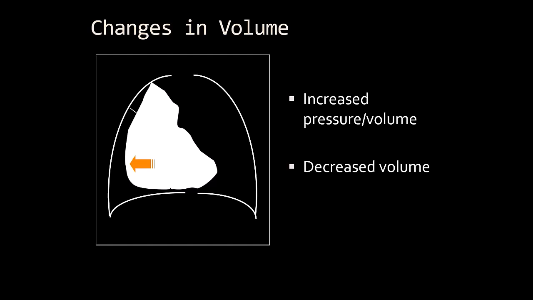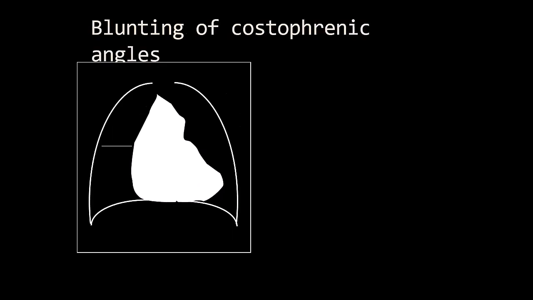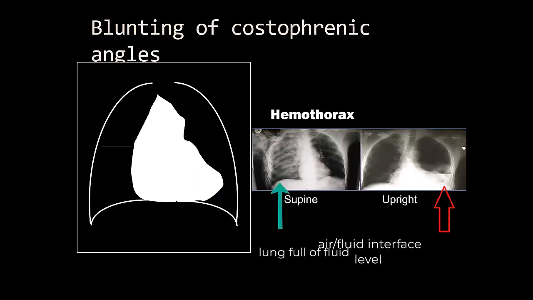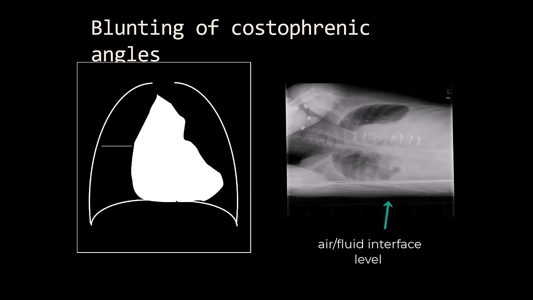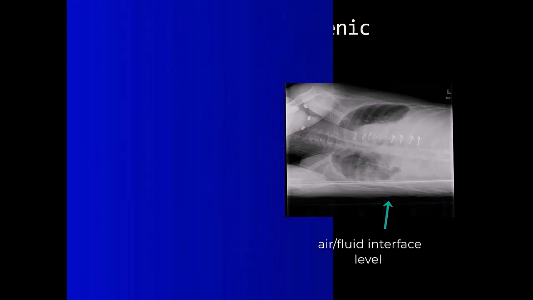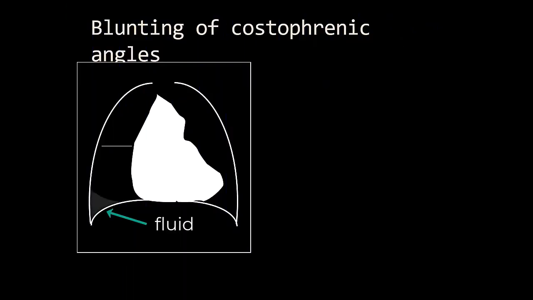Next, we're going to take a look at how the lungs appear if the patient is in an upright position or in a decubitus position, and the lungs are filling with either blood or fluids. Here we can see an upright chest x-ray and notice how the costophrenic angles are filling with fluid.